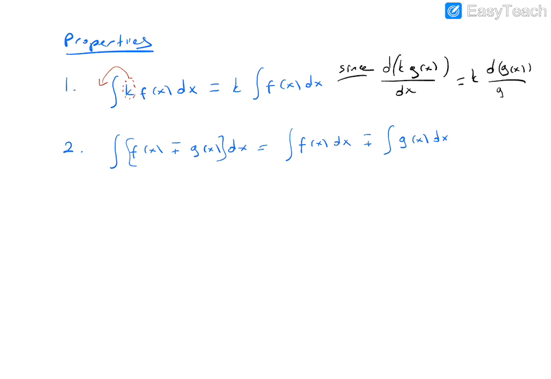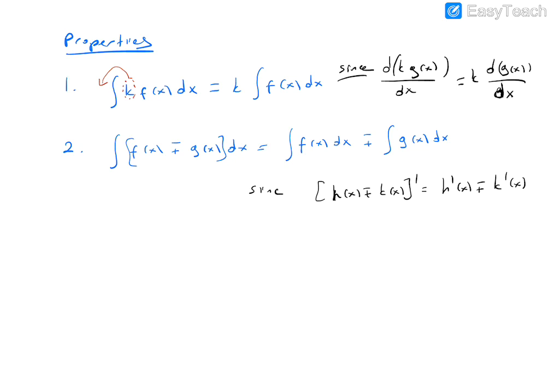So because of this reason, we obtain that formula. And for the second one, because of the sum rule of the derivative, the derivative of h of x plus or minus k of x equals the derivative of h of x plus or minus the derivative of k of x.